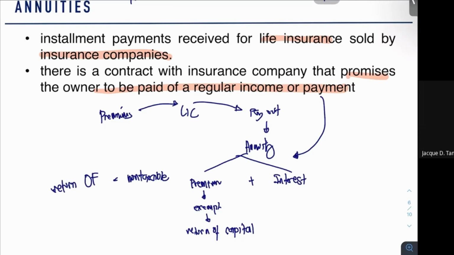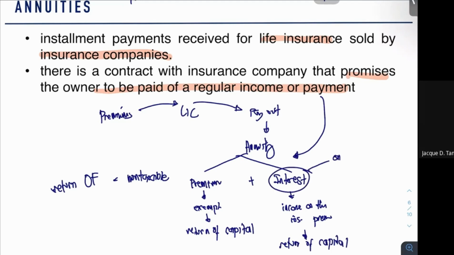While the interest is considered the income on the insurance premium.